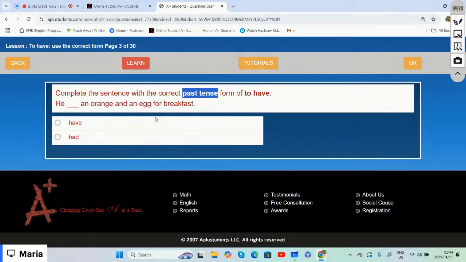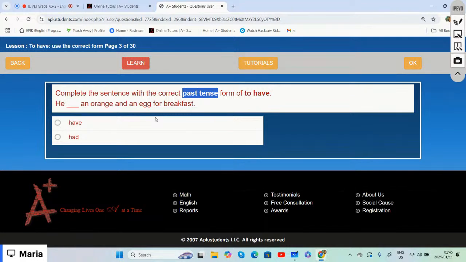So option one or option two. He have an orange and egg for breakfast, or he had. We need to show the past tense form.